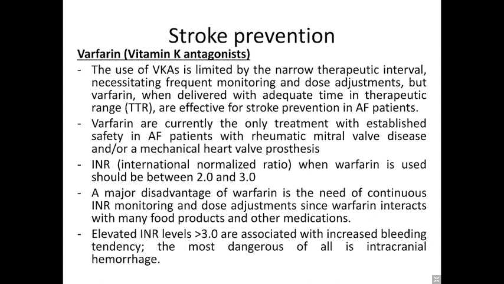And when we treat with warfarin, we need to control INR, international normalized ratio. And if we prescribe warfarin, INR should be between 2 and 3. If INR is more than 3, it's an increased risk of bleeding. If less than 2, it's an increased risk of stroke, of thrombus.